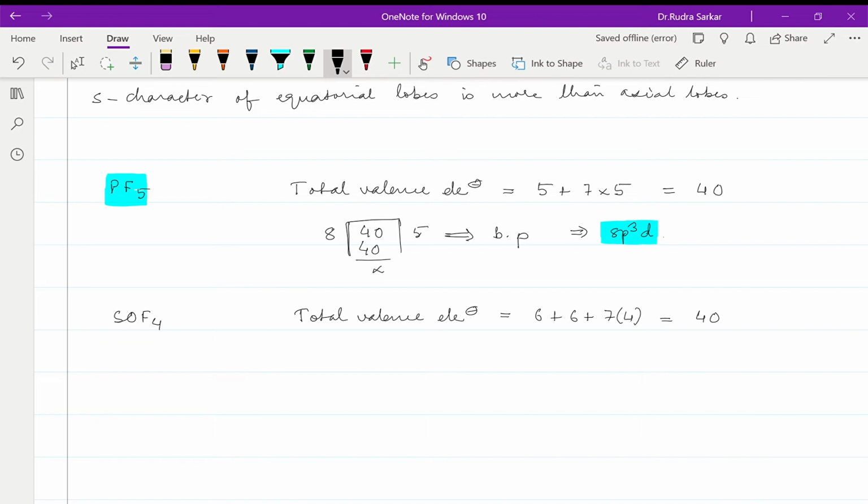So now over here, 40 is a number greater than 8, our electron pair, as we have shown previously, will be equal to 5, and that is going to be our steric number. And so again the hybridization will be sp3d.